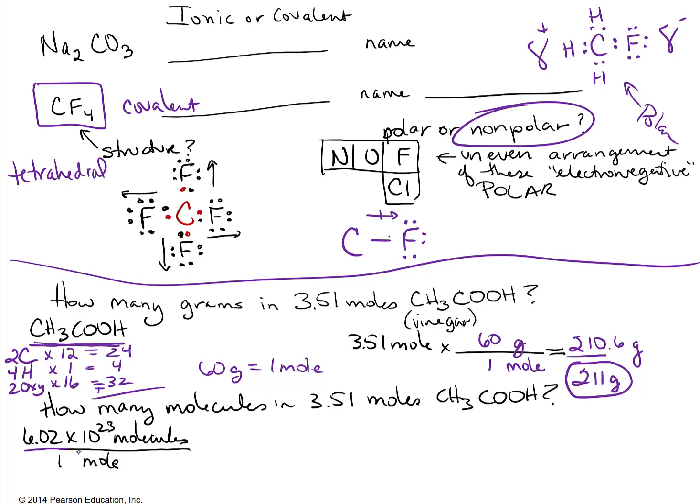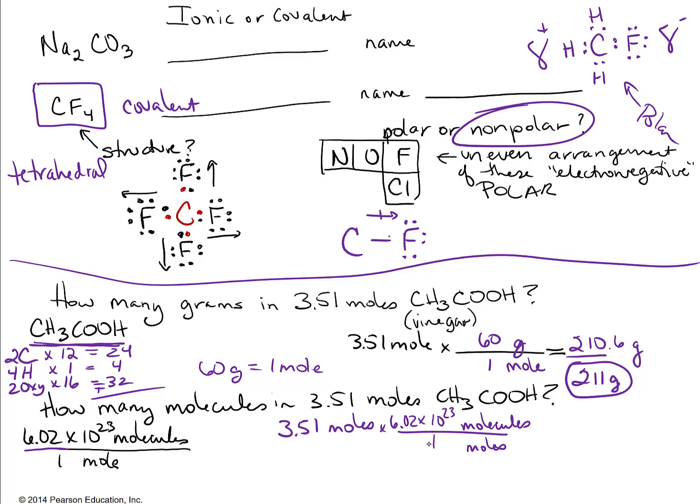So if I have 3.51 moles, this is what I'm given. What unit do you put on the bottom? The unit you're given always goes on the bottom in the first step. Molecules goes on top, and that tells you where you put your numbers. So 6.02 times 10 to the 23rd over 1.